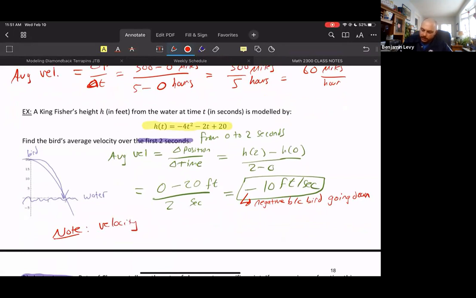In velocity, the sign tells us direction. Usually positive means forward or up. And usually negative means backwards or down.